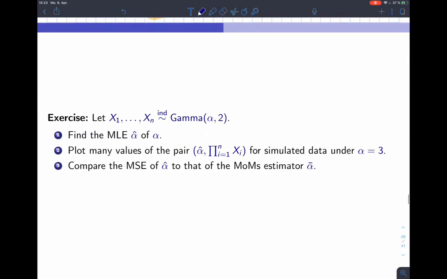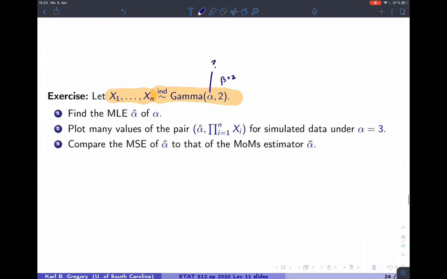We're going to see this in an example. So let's jump right into it. We have x1 through xn, a random sample from the gamma distribution, where the value of beta is known to be 2, and so alpha is the only unknown parameter.